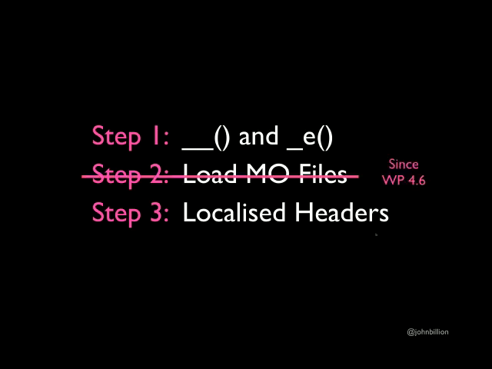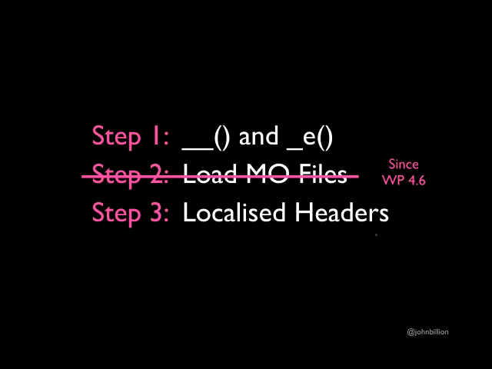As of WordPress 4.6, which was released just last week, this step 2 is actually technically optional now, because the order in which translations are loaded has been changed. WordPress will now look for translations that have come from translate.wordpress.org, and they will prioritize those over any translations that are bundled in the plugin or theme.